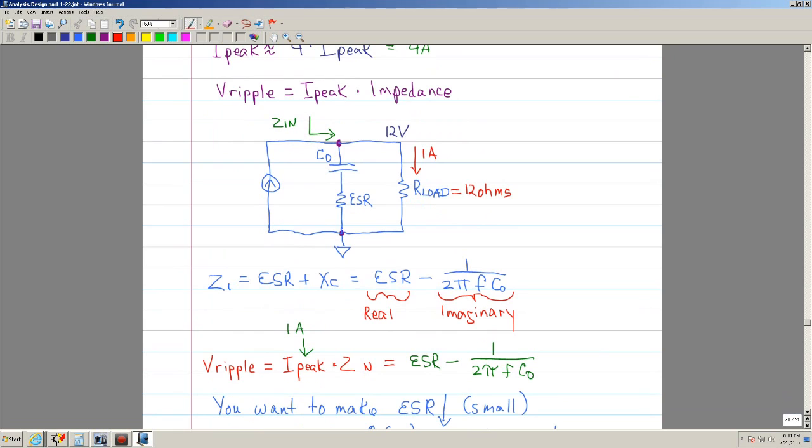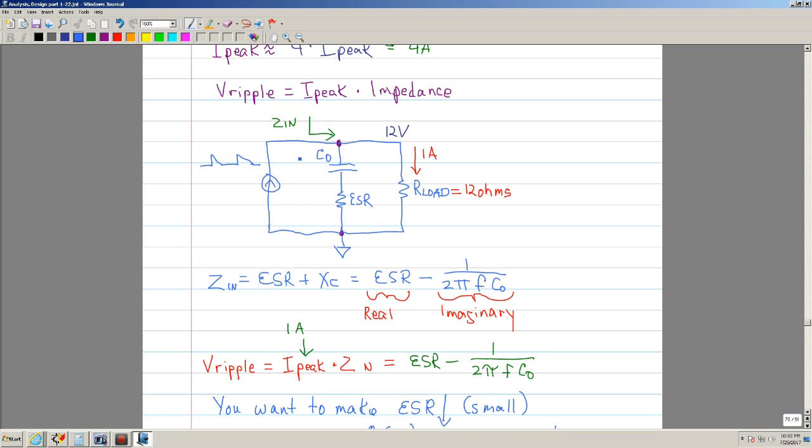Let me make sure that this is labeled correctly. So you have this ripple AC current, and the AC current typically will try to flow in the lowest impedance.